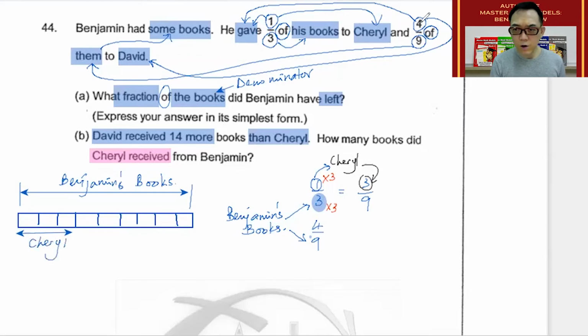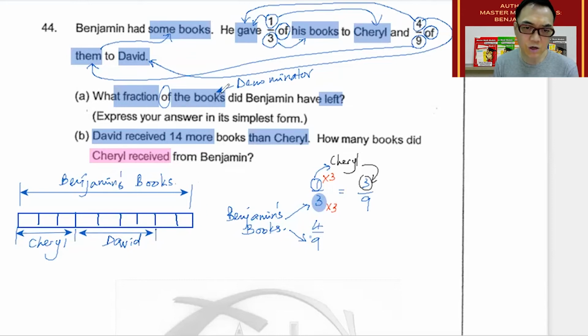And 4, which you can see over here, goes to David. So if 4 goes to David, then I'm going to label that as well. So these 4 boxes here should go to David. Okay, so our model is almost complete.